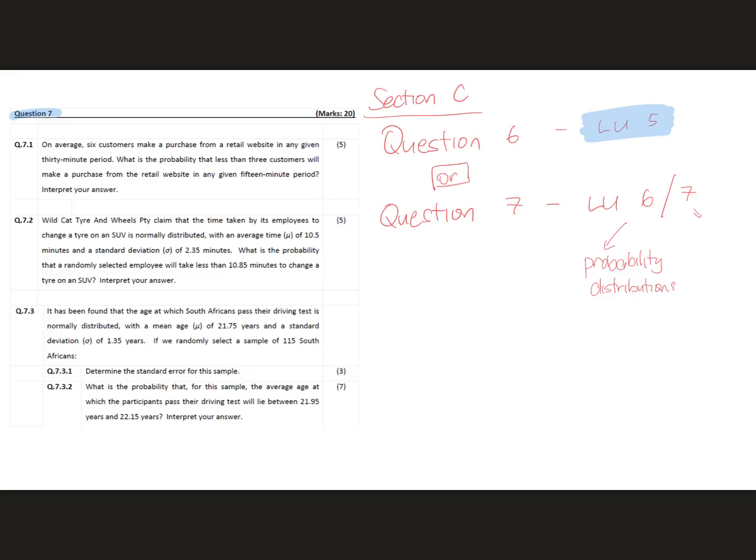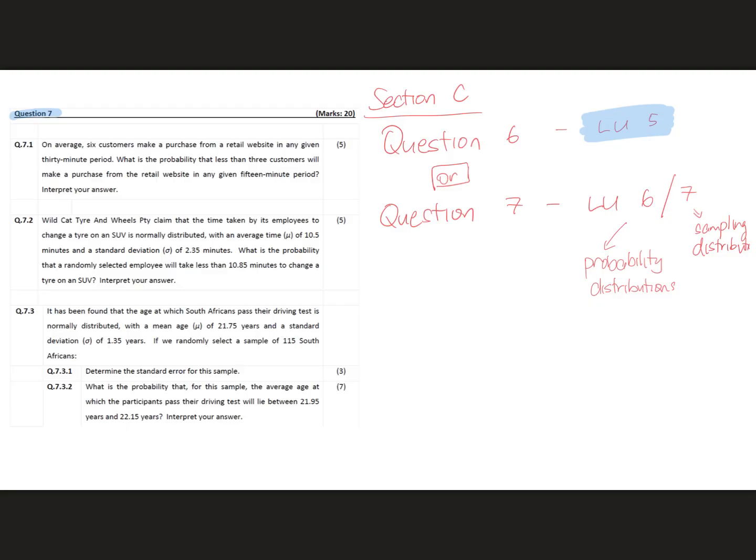And learning unit 7 is a sampling distribution.